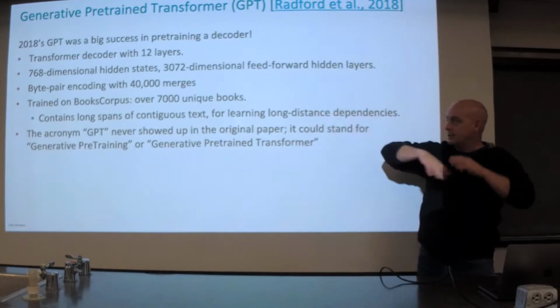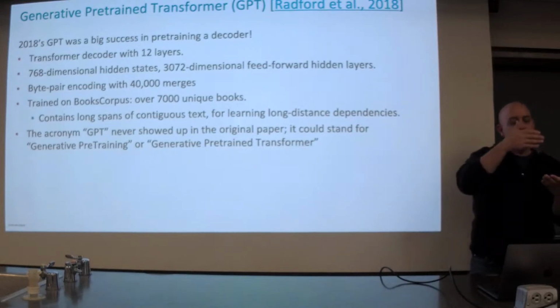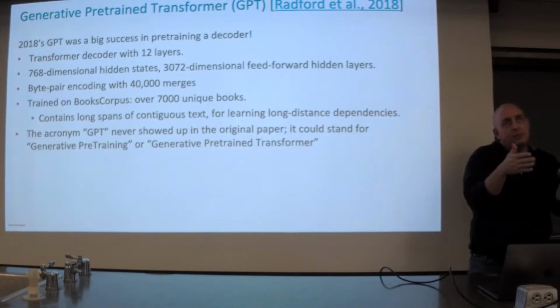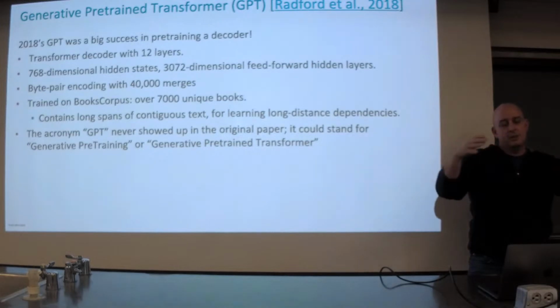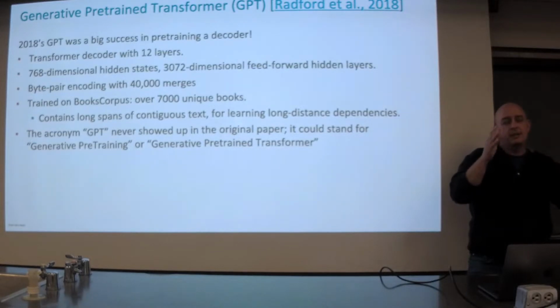This was done 40,000 times over the corpus, and this gives you a way to represent words. The pair comes from these merges of the characters, but the byte is that you end up with an integer. Think of it as kind of like a hash, but it's an integer representation of that particular word.